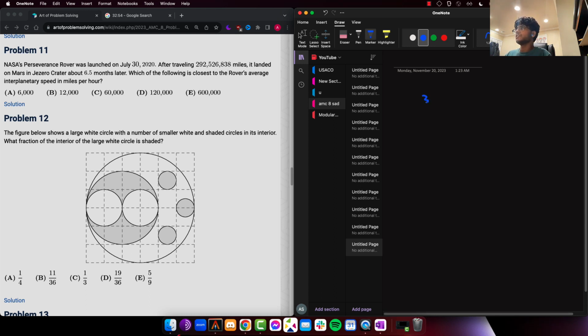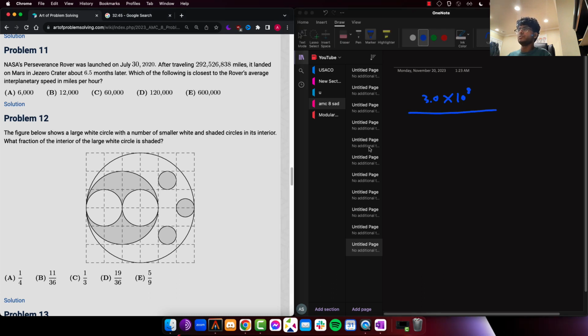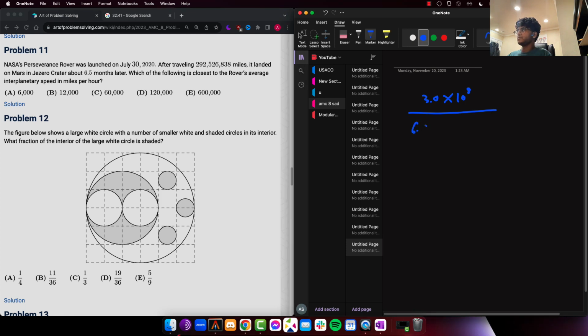So 3.0 times 10 to the 8, approximately. This will be a bit bigger, but yeah. And the 6.5 months, 6.5 times 30, we'll write as 3 times 10. Times the number of hours in a day is 24. These will cancel with this, and this will become 10 to the 7.